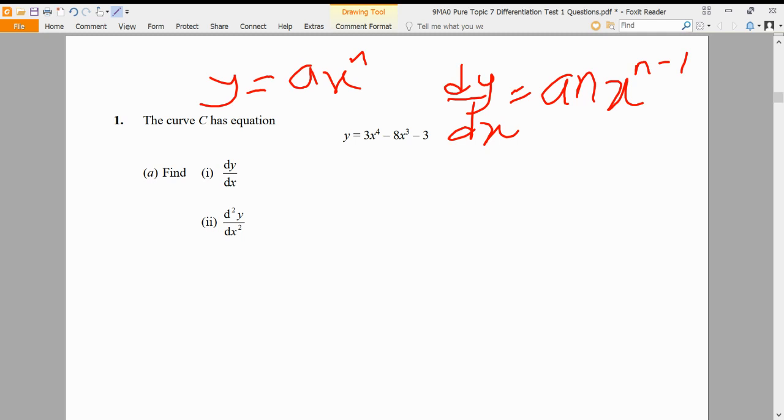It means the dy/dx for the first one will be 3 times 4, that is what? 12x. You subtract 1 from the 4, that is 3, minus 3 times 8, that is what? 24. x raised to power 3 minus 1 is 2, and minus 0.